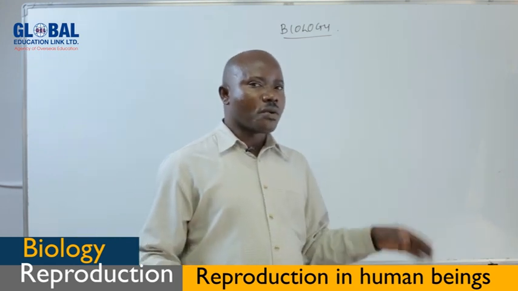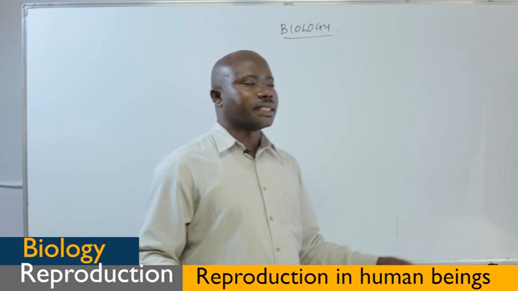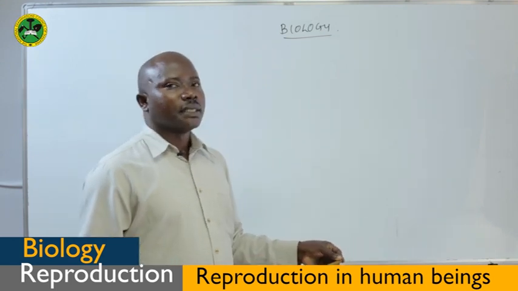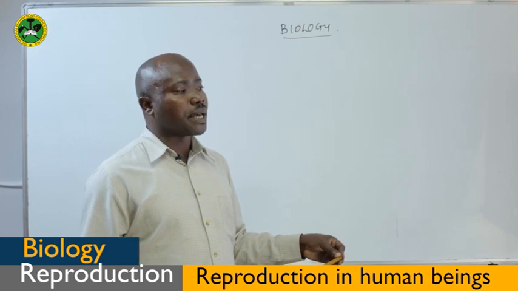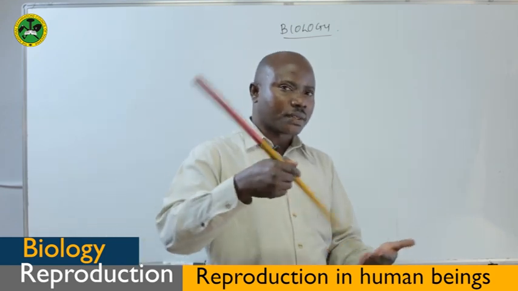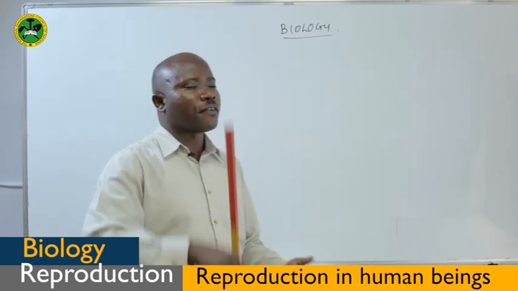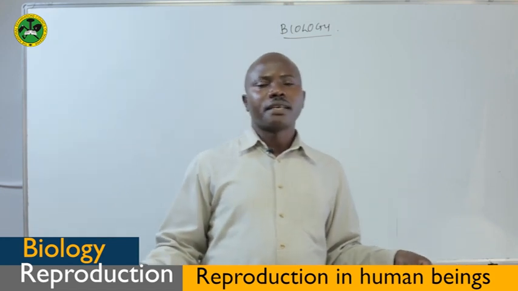But also, I went through the phases of gametogenesis in the female: it starts during the fetal development, goes to the next phase at puberty, and the last phase occurs when the male gamete has successfully entered the egg cell. I also went through some important features that the testis consists of, which enable it to perform its function effectively, and the internal features of the ovary that enable it to perform its function effectively.